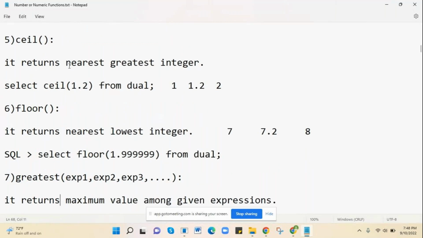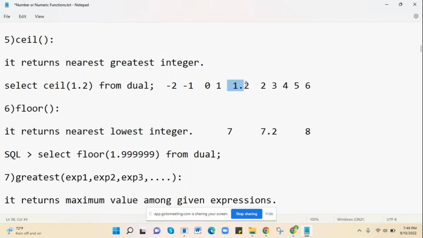ఒకవేళ ఇంటర్వ్యూలో అడిగితే ఇలా చెప్పండి, రిటర్న్స్ నియరెస్ట్ గ్రేటెస్ట్ ఇంటిజర్. ఓకే, 1 and 2 both are nearest integer, right? For 1.2, 1 and 2 nearest integer. We have 3, 4, 5, 6. ఇక్కడ కూడా we have 0, -1, -2 కదా.